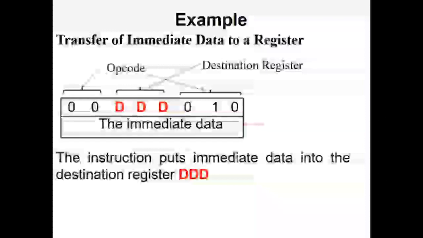Very good. 26, and then 0D. That is nice. Okay. So we can go on to another instruction.